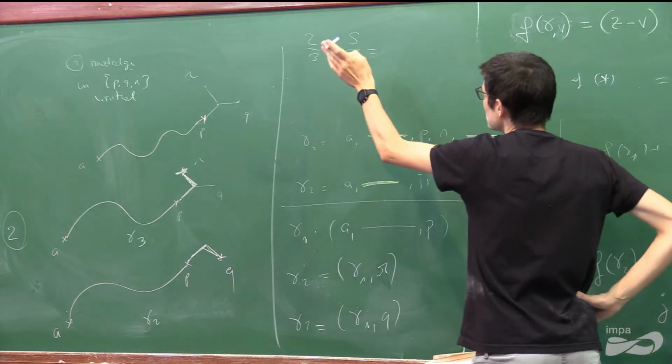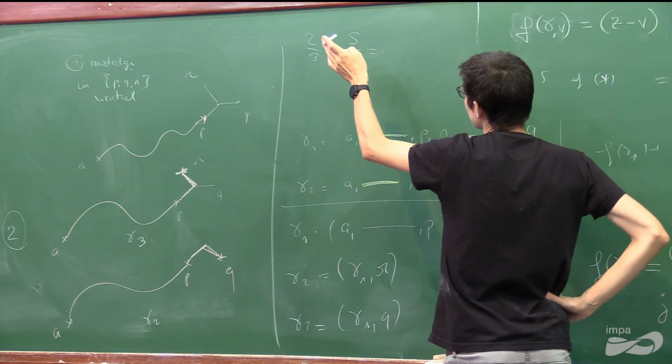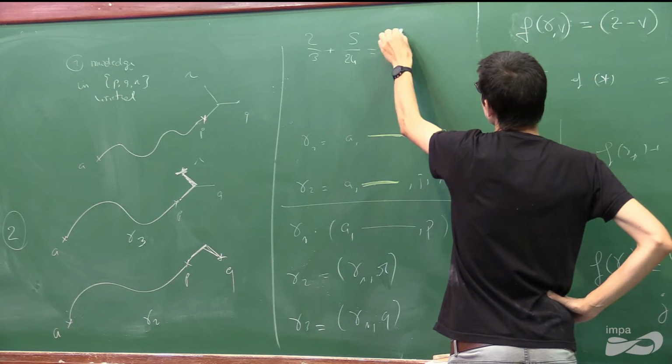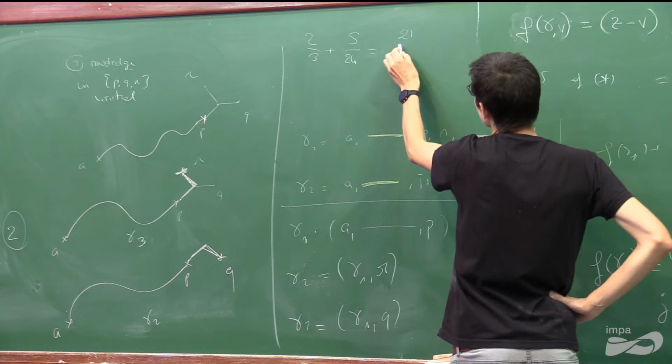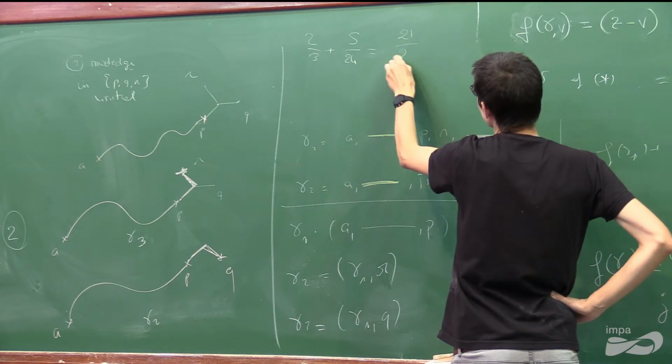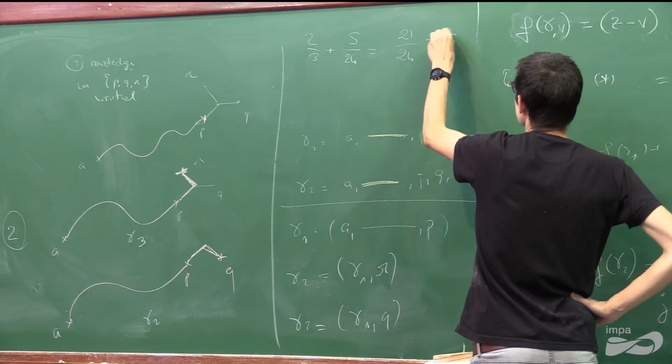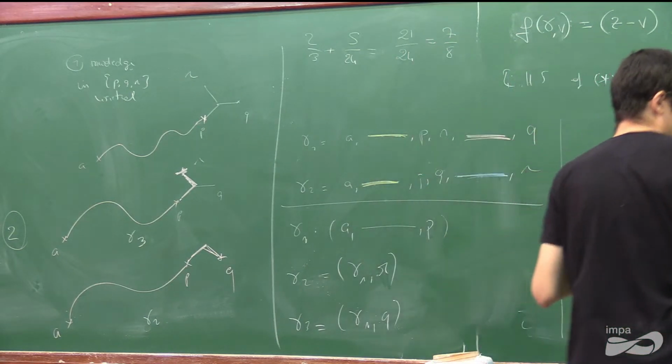Normally, there should be some simplification. So I get 21 over 24. Yes, so this is 7 over 8.